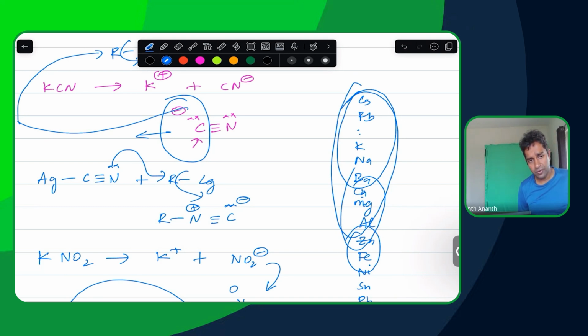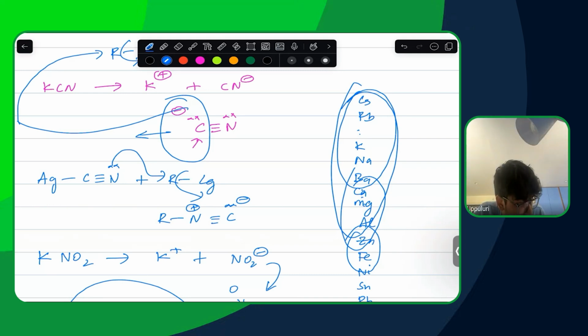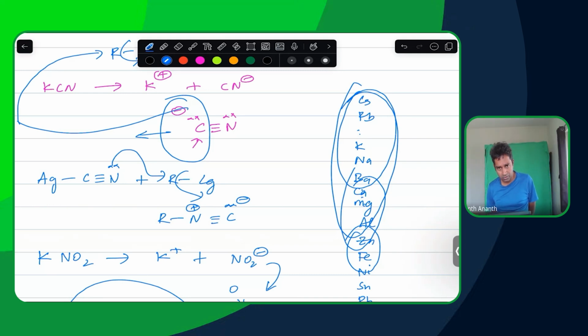What is your issue here? You just have to plug them in and check each of them. Racemization can happen, right? That is not cleanly optically active.